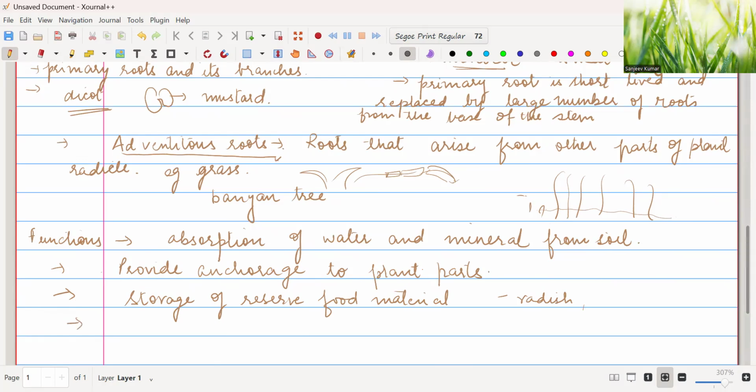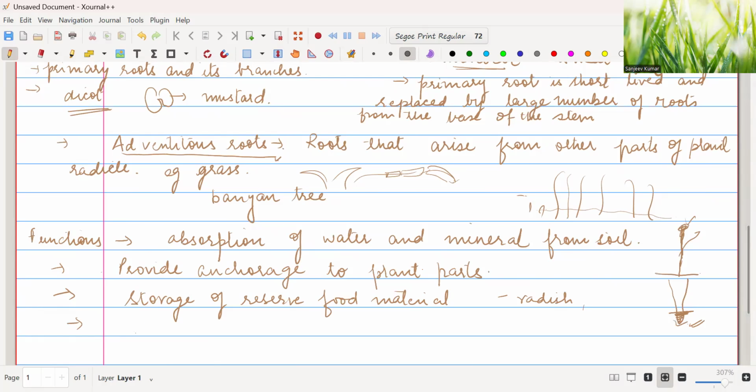Then, if we talk about the roots, they always have certain regulators at the tip, same as the stem tip. These have special activating cells here. So we say some kind of regulators of the hormones are present there.